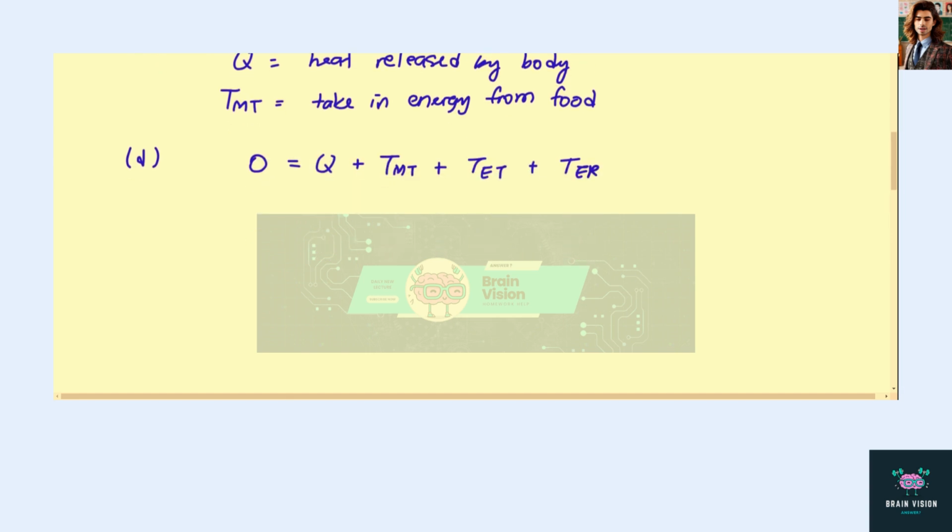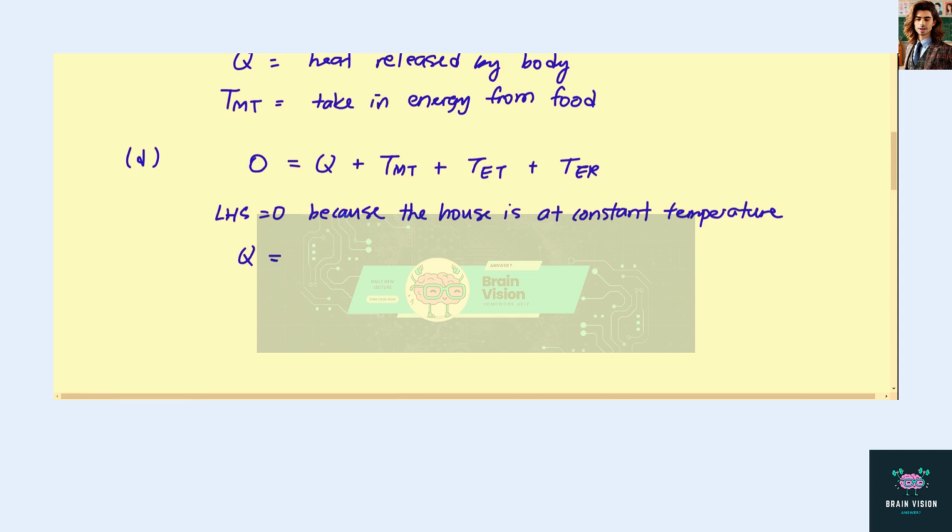The left hand side is equal to 0 because the house is at constant temperature. There's no delta K and no delta U because the house is not moving, not changing heights or position. Delta E internal is 0 because the house is at constant temperature.